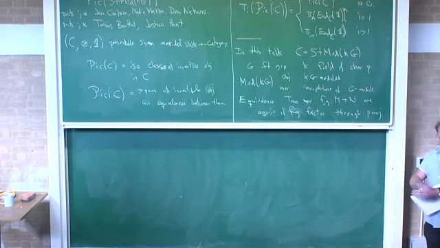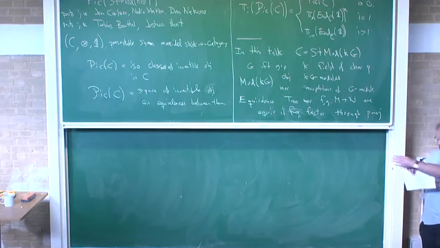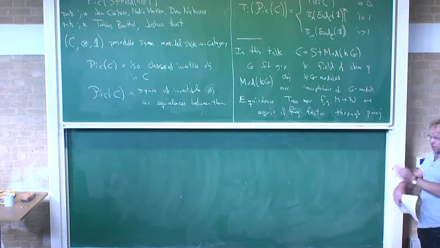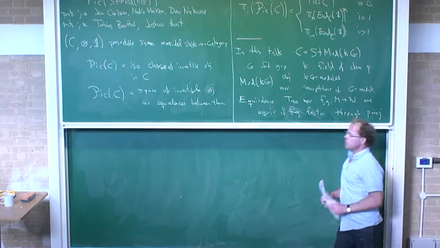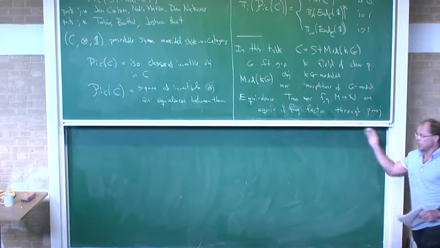So that gives us a notion of homotopy equivalence, namely if you can find maps back and forth so that they compose to the identity up to homotopy.